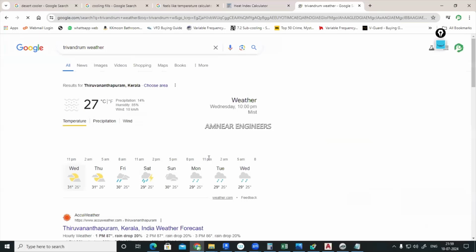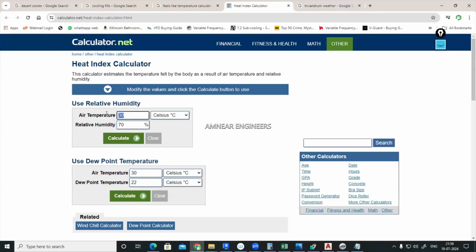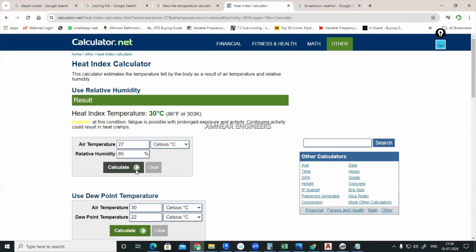Trivandrum weather now is like 27 degrees Celsius and it is having 85% humidity. But what exactly I feel, at 27 degrees Celsius air temperature and 85% humidity, I might be feeling nearly 30 degrees Celsius, because of the moisture that is present in the atmosphere.